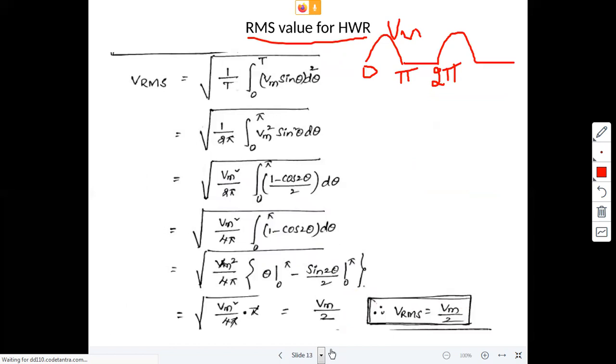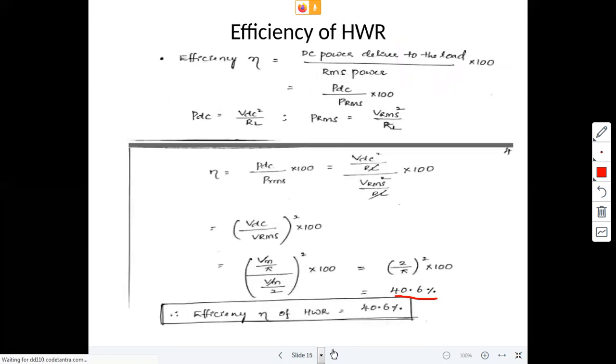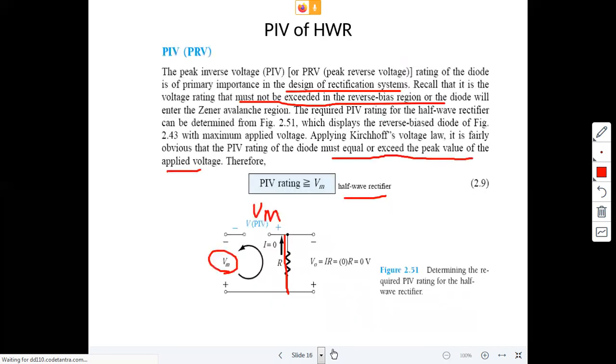Once we know the VDC and VRMS, we can easily calculate the remaining parameters. Ripple factor is 1.21, which means the AC component dominates the DC component. Efficiency is only 40.6%, and PIV is Vm.